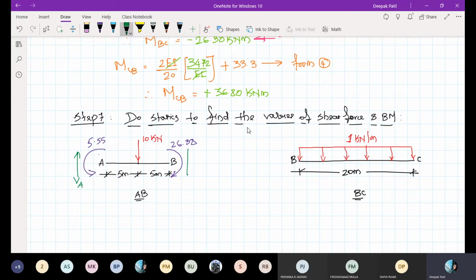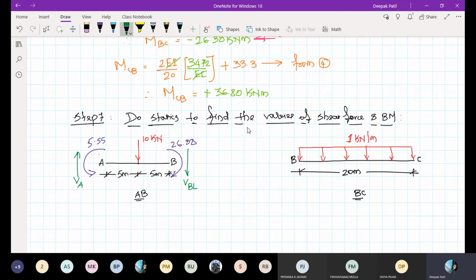And at B, I will assume it as downwards, and write it as VBL, meaning B left. I don't know whether those directions are correct, and I will check that at a later stage.